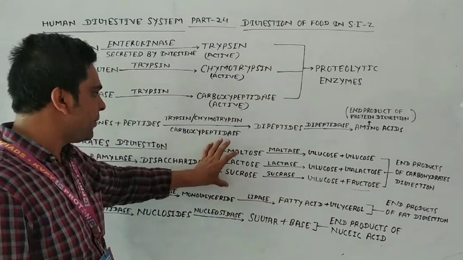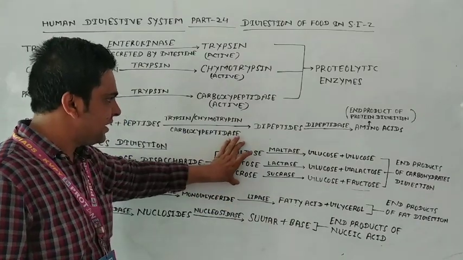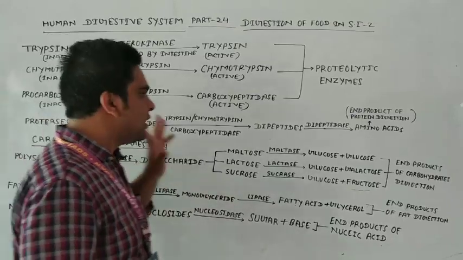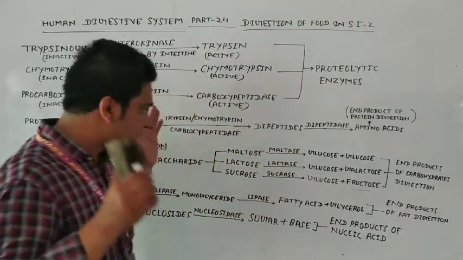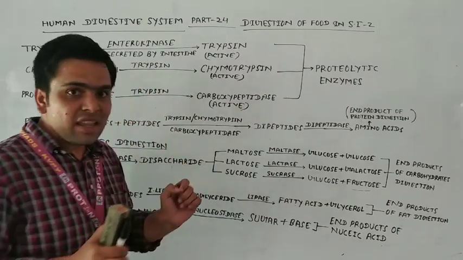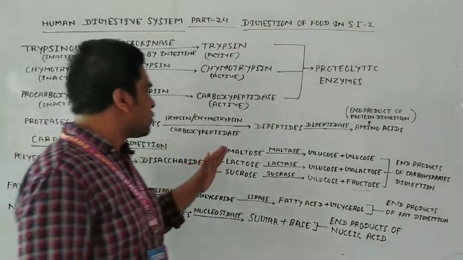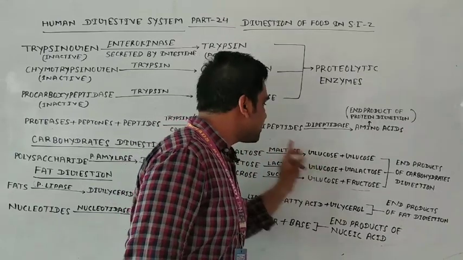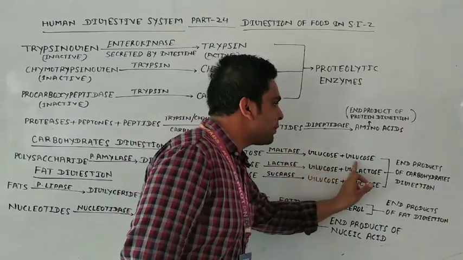So students, don't be confused. These three I have mentioned here are disaccharide carbohydrates. Clear, students? If we talk about disaccharide digestion in our small intestine, maltase acts on maltose and converts it into glucose plus glucose.